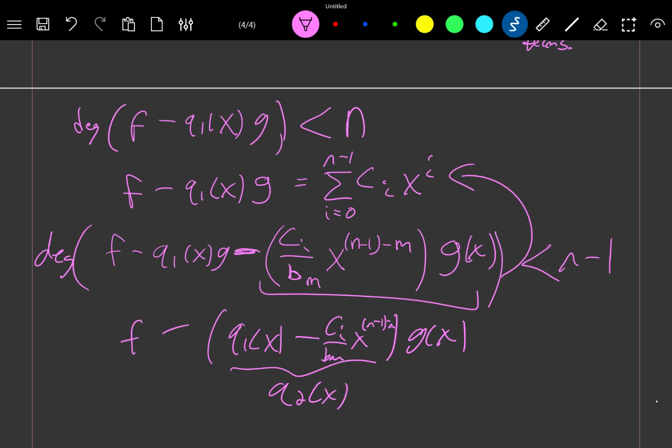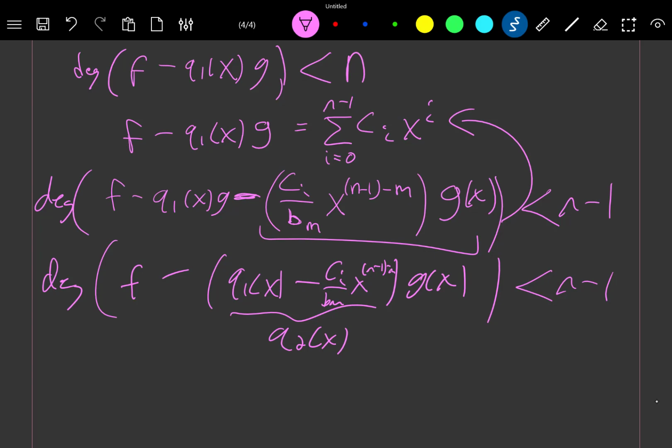And this is f minus that. So the degree of this is less than n minus 1. Basically, we're going to continue and induct until the degree of f minus q times g is strictly less than m. And that tells us that we can find such a polynomial.